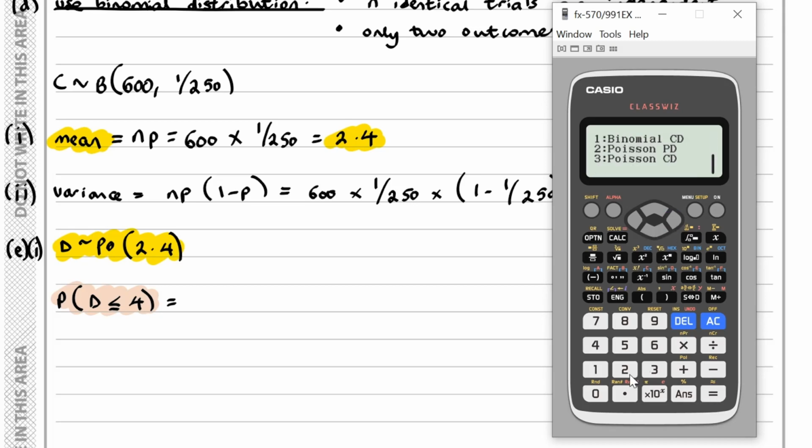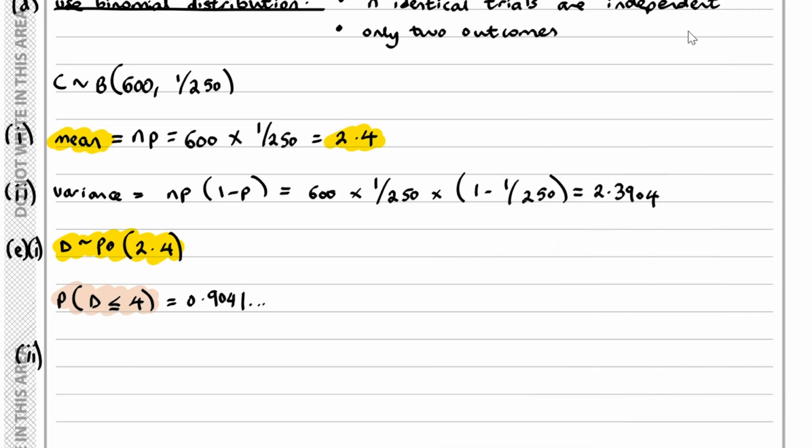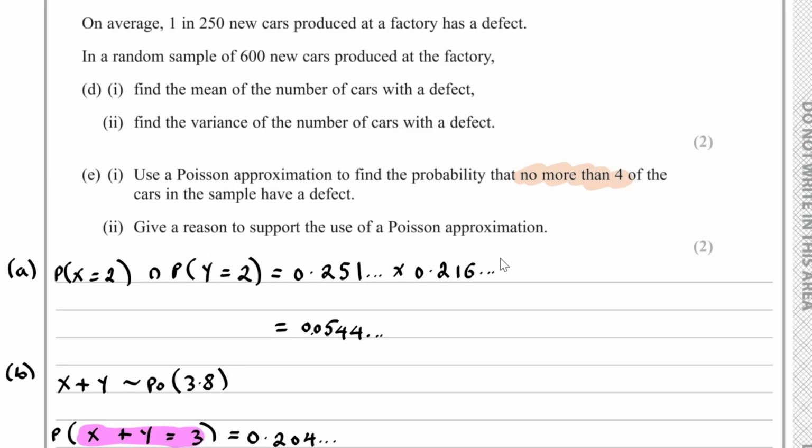We have a Poisson cumulative distribution. So x is equal to 4 and lambda is equal to 2.4. So working this out, we end up with 0.9041, etc.